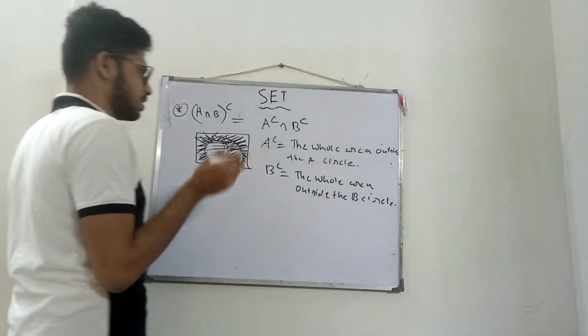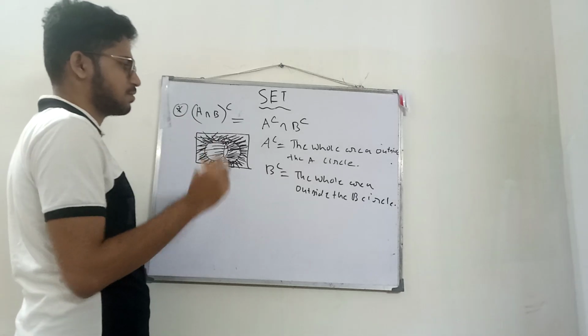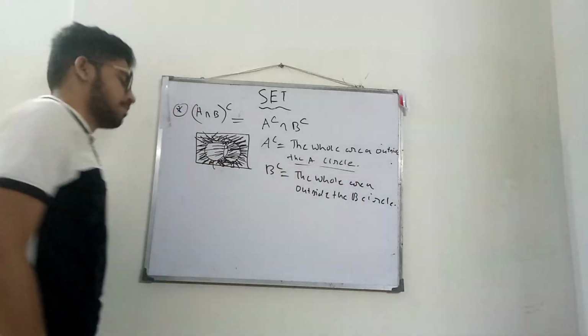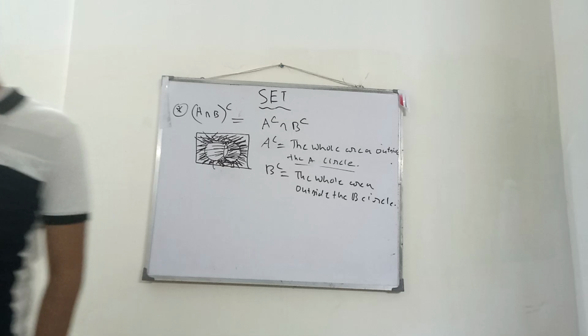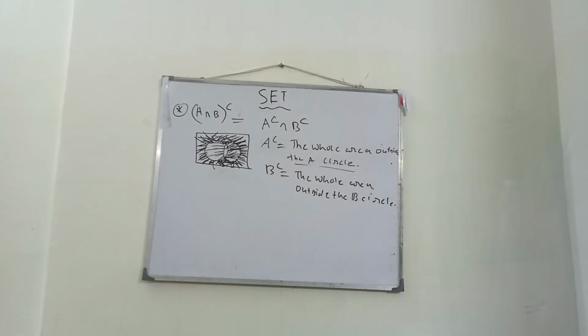The whole area outside the B circle is called B complement. A complement means the whole area outside the A circle. So this is how we can write it.